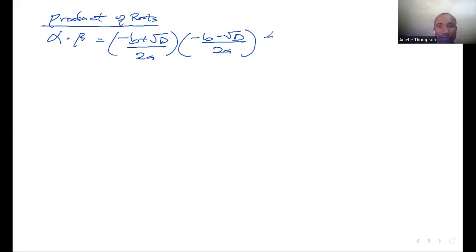Okay, and that will give us, remember that is a binomial on top there, so that will give us minus b plus square root of d, close bracket, open bracket, minus b minus square root of d, divided by 2a times 2a, which will give us 4a squared.